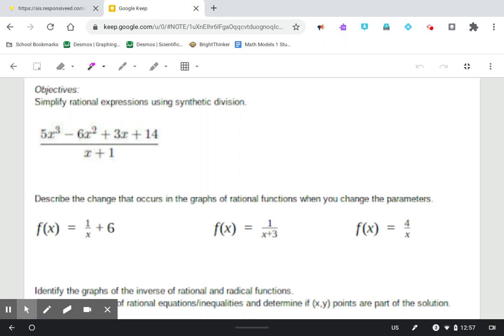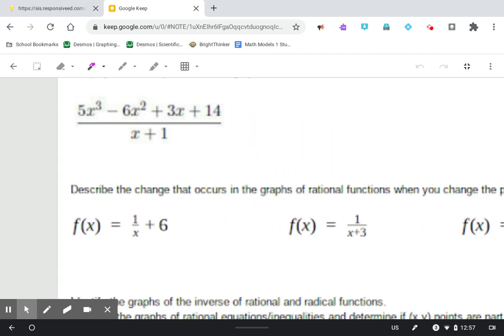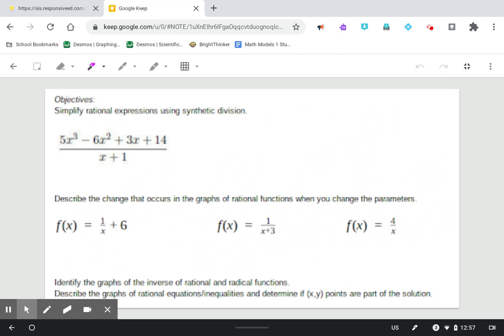So first thing here is synthetic division. You should be pretty familiar with this from what we did in the lesson and previously in other units. To write this in synthetic division form, you need your little sideways t-chart.